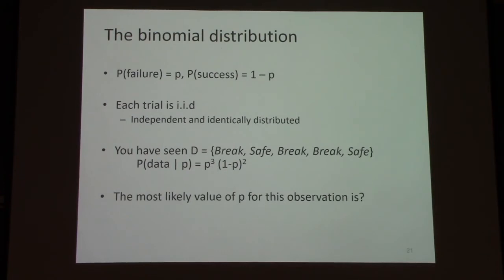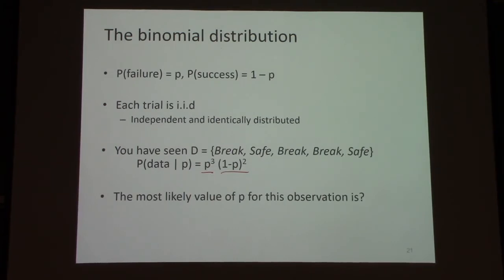The probability that you would have seen 3 failures and 2 successes is simply P cubed times (1 minus P) squared. Why? Because there are 3 failures and 2 successes. Each of these corresponds to a failure and these correspond to successes. So the probability of seeing this particular data set is P cubed (1 minus P) squared. Now the maximum likelihood estimate is asking what is the value of P that maximizes this quantity.